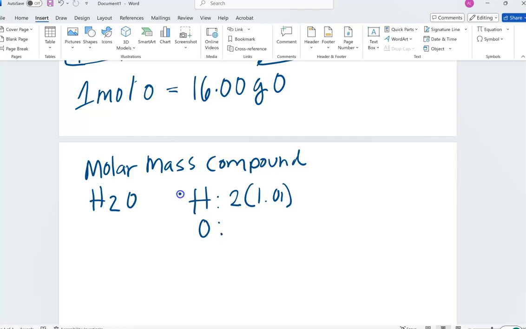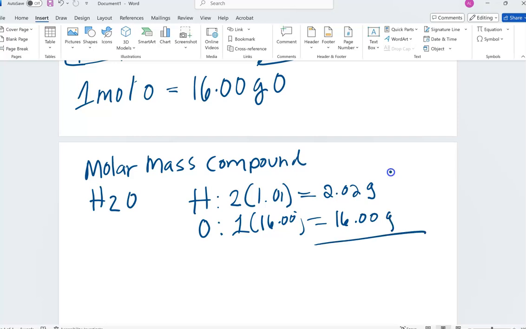I have oxygen, I have 1 of them at 16.00. So I'll multiply these together. I get 2.02 grams of hydrogen, and I have 16 grams of oxygen. If I add those together, the molar mass of water is 18.02 grams per mole.